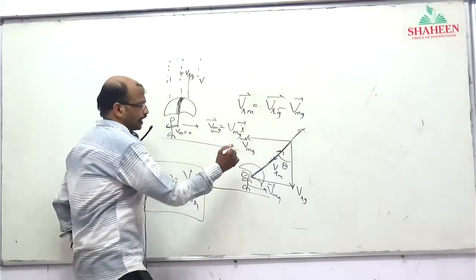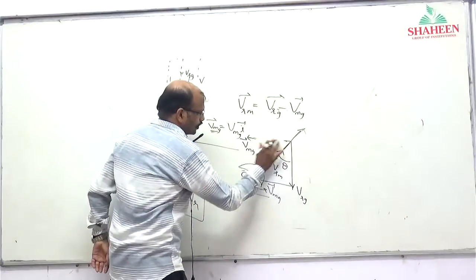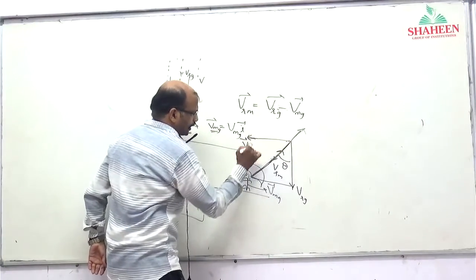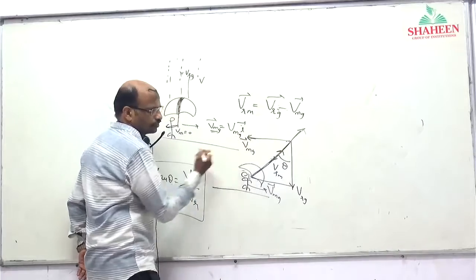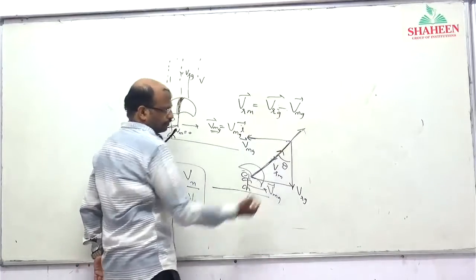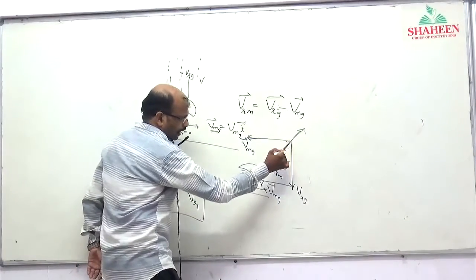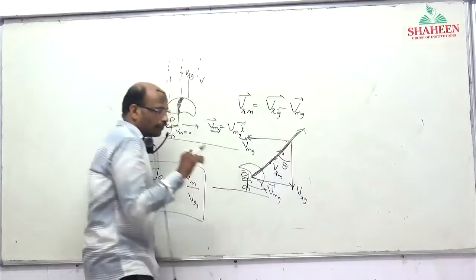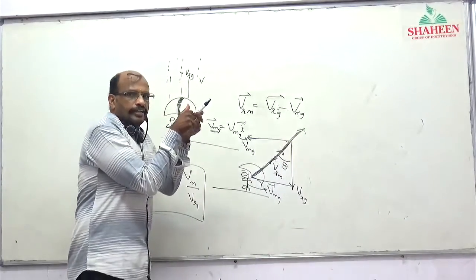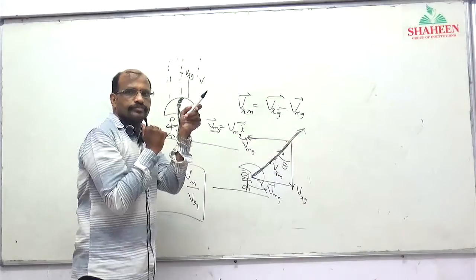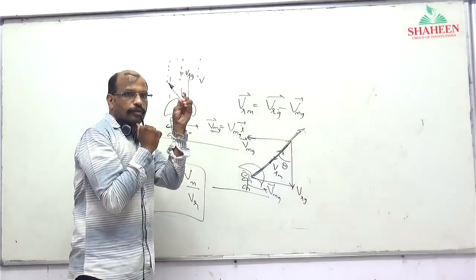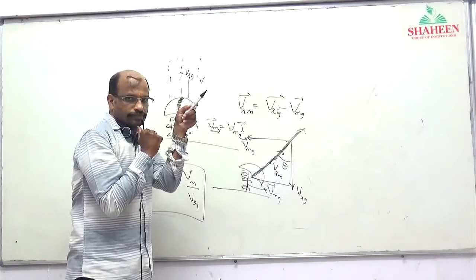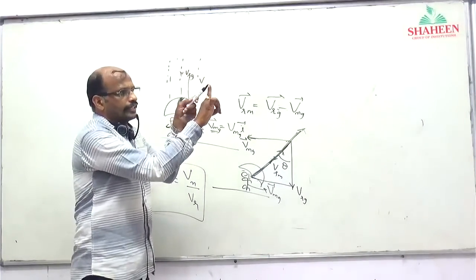So draw this vector triangle properly. This Vm will be in this direction. Why? Because minus Vm. Right? So umbrella must be in this direction. He should tilt his umbrella in front. He should tilt it like this and run like this. It's not tilting backward. He should tilt in this way with the vertical, at some angle theta.